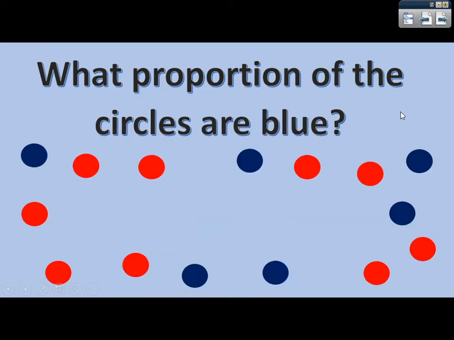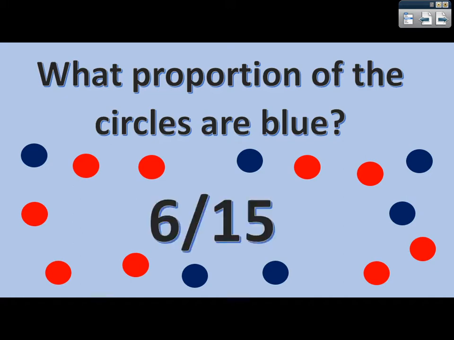Next bit. What proportion of the circles are blue? Count carefully. Six out of 15. 6/15. But we've got to simplify if we can. We can simplify this because both numbers are in the 3 times table.